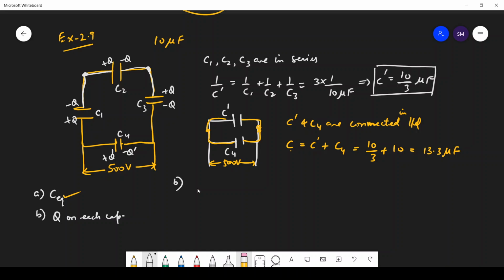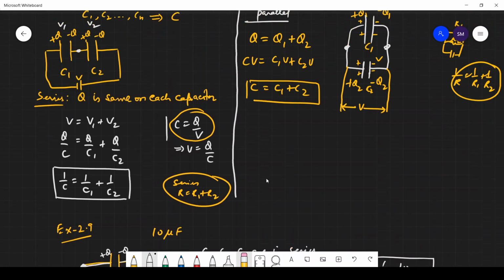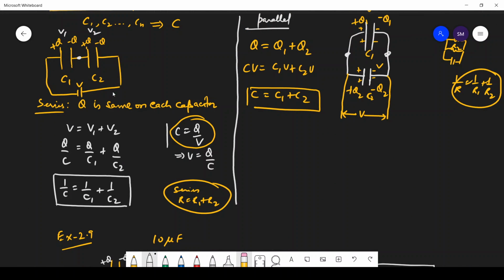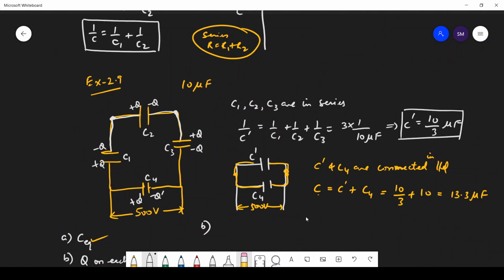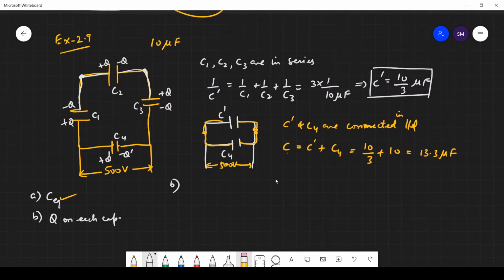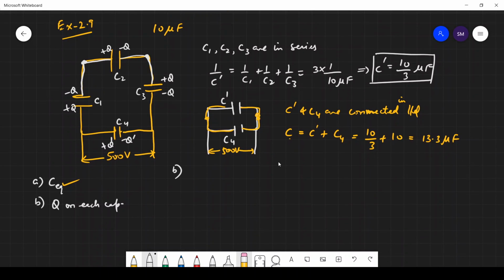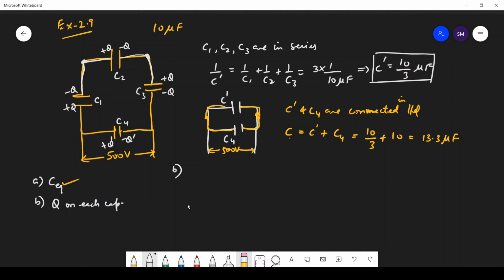So clearly, we have just studied that charge is the same on each capacitor when they are connected in series. So students, we have only two things, charge and voltage. In one case charge is divided, in another case voltage is divided. So always remember, voltage is the same in parallel and charge is divided.